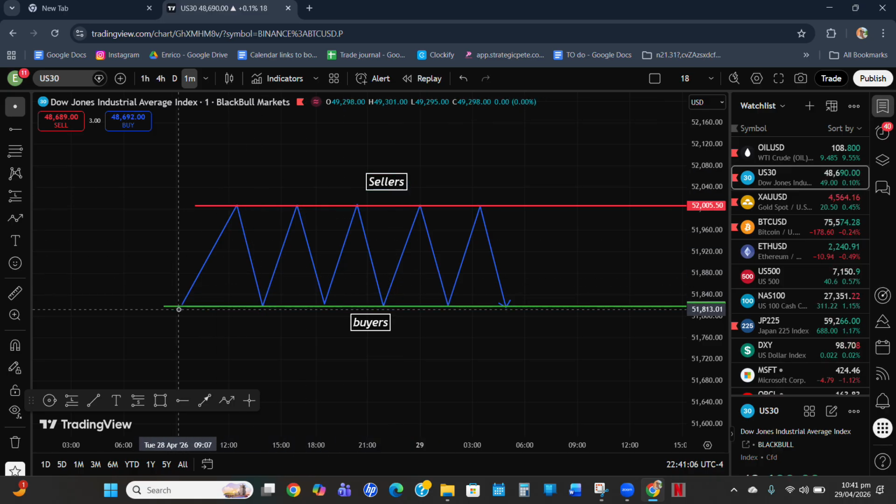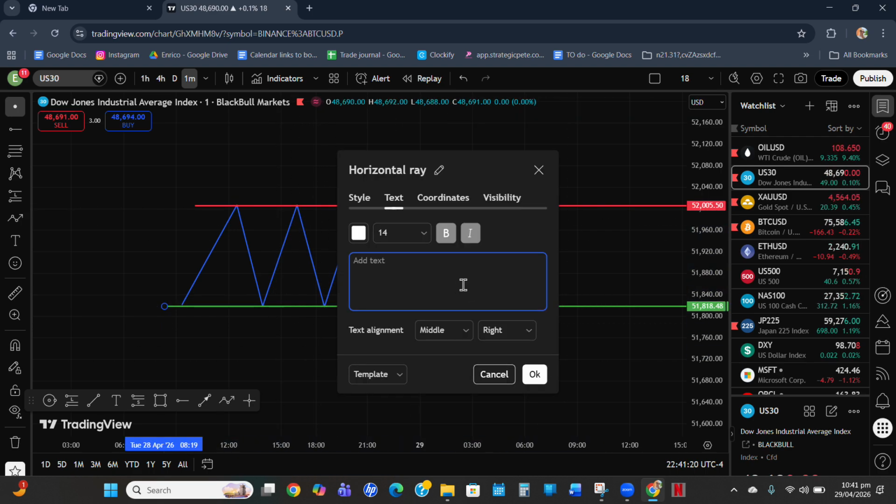Now, what you will see here is buyers would push up price, sellers would push back down price, buyers would push up price, sellers would push back down price, right? This line where buyers sit is going to represent our support. We call this our support, or you may also refer to it as our demand, right?